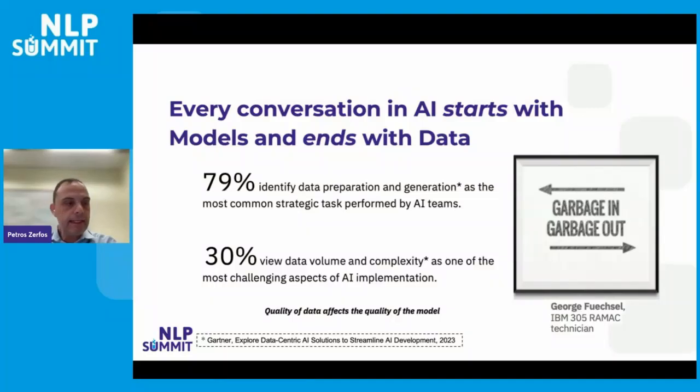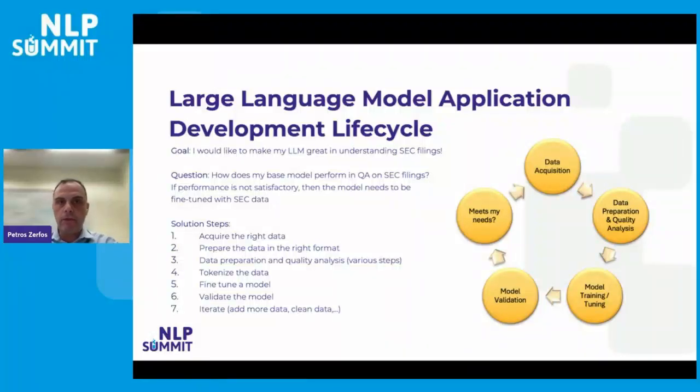Having this in mind, let's start discussing what we can do to help with preparing this data. Before getting into that, it might be worth revisiting the development life cycle of someone who develops a large language model application. Let us assume that a developer would like to make their large language model great in understanding filings from the Securities and Exchange Commission here in the US, in the domain of finance.